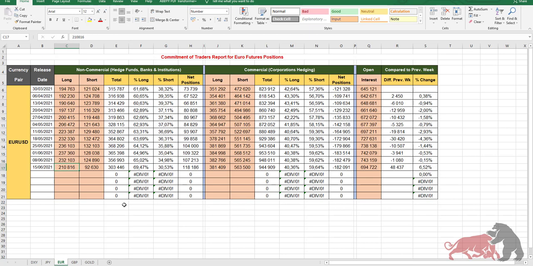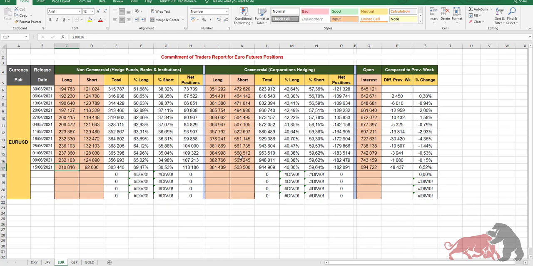You see, the non-commercials right now, their numbers are going to be a bit misleading, but look at the commercial numbers. There's only a reduction of about 1,000 in their long exposure, and in their short exposure, they've taken profit off by about 2,000 positions.